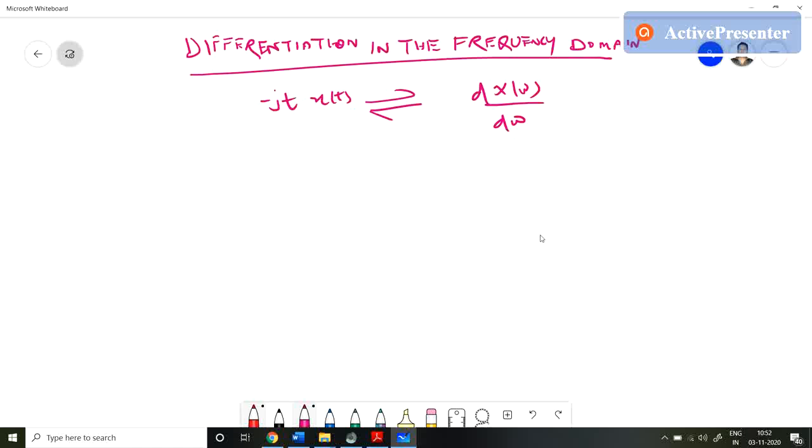So let us find the Fourier transform of some basic problems, like x(t) equal to cos omega naught t. Let us find the Fourier transform X(f).